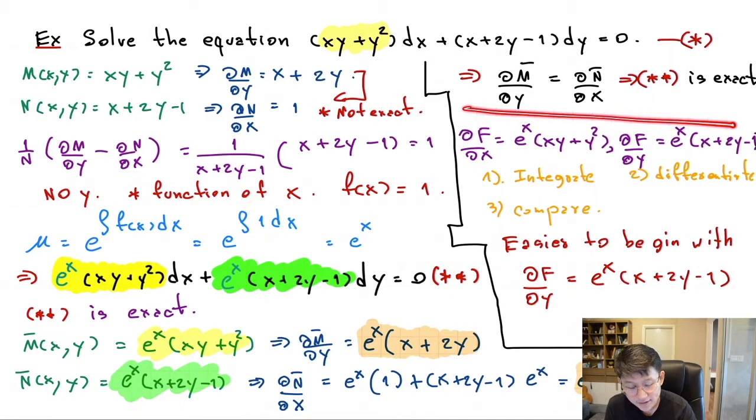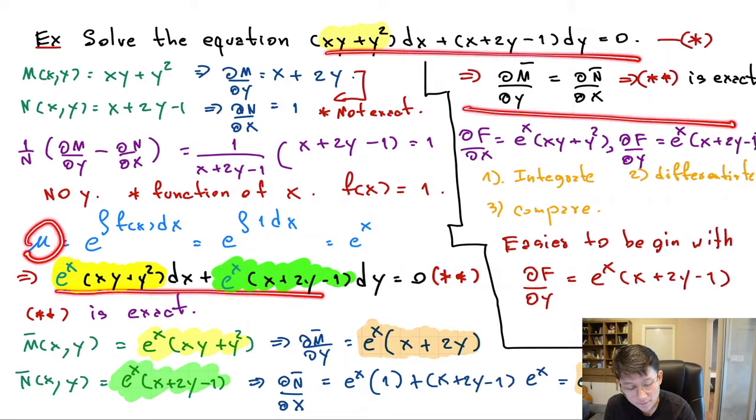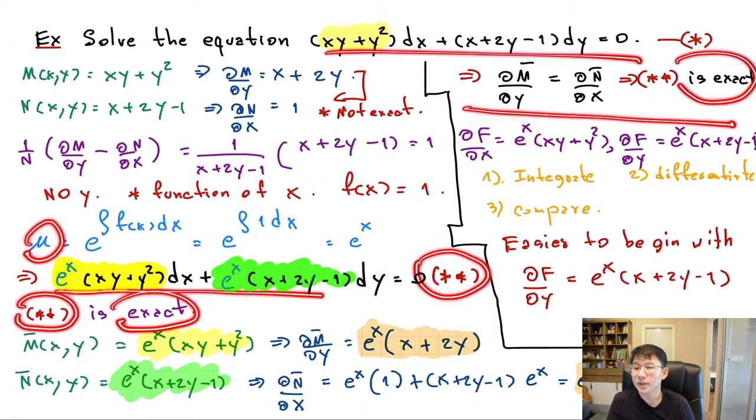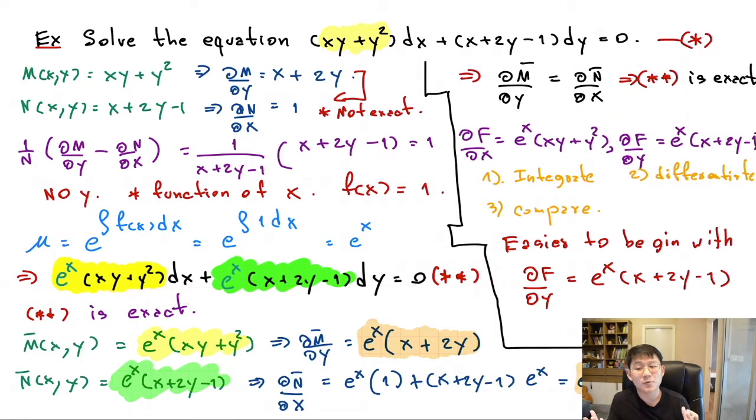When we can identify the integrating factor, and when we multiply the integrating factor to this equation, the equation star, we have the equation double star, and we prove that double star is exact, right? And that's it. After that, we need to use the knowledge from the previous video to solve it, right?